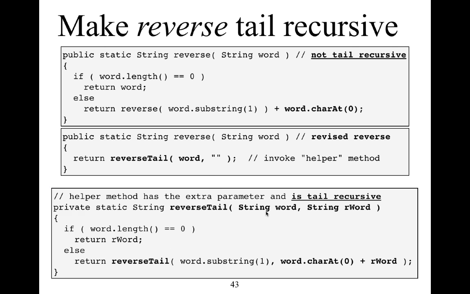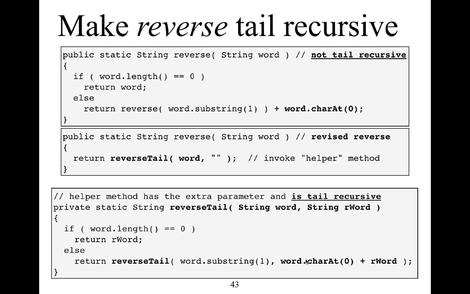And so here we have word, the first parameter is still the piece of the word that hasn't been reversed yet, and the second parameter is the part that has. So as soon as word length gets to 0, we return not word now, but our word, which is the completely reversed string. Otherwise, we pass down the rest of the string as the first argument, which is pretty much what we did before.